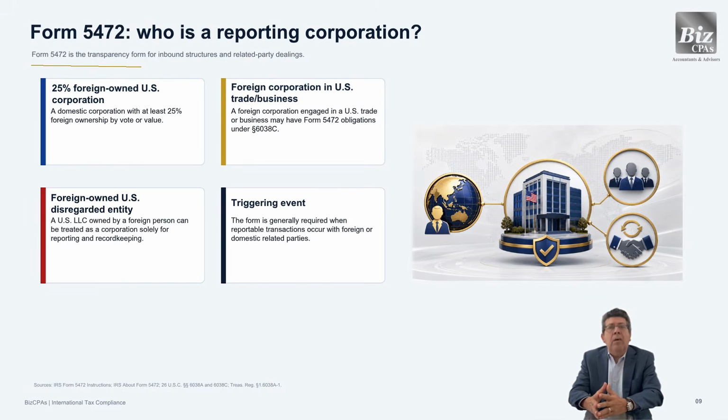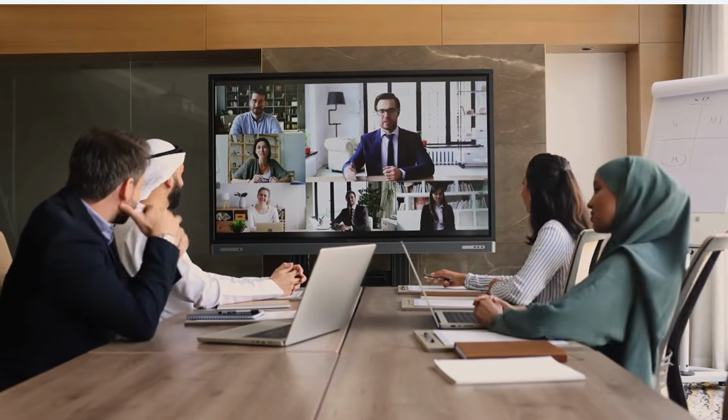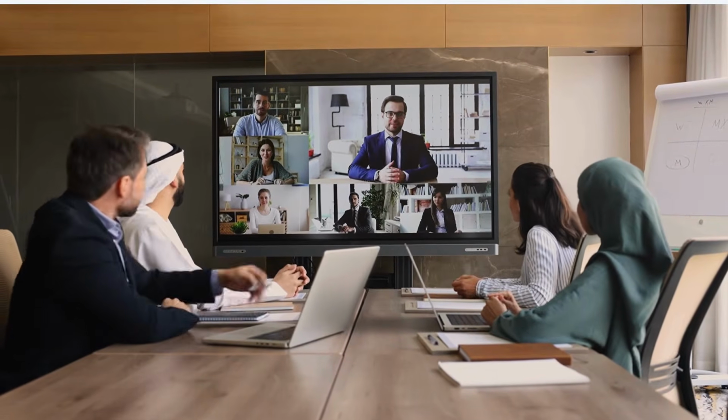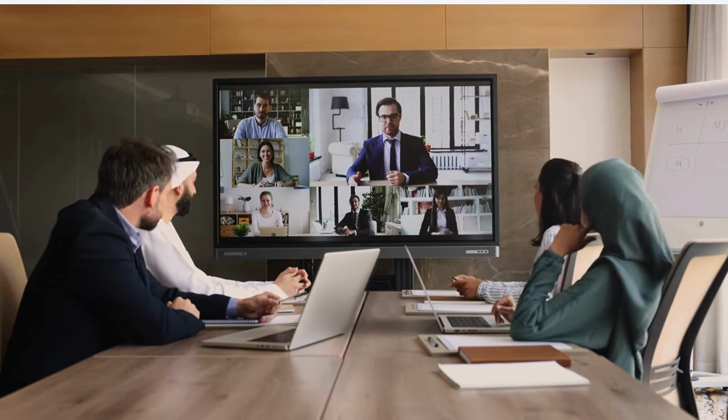Okay, so now we're going to be talking about the other type of reporting of foreign transactions, which is via the form 5472. 5472 basically applies to U.S. entities, let's say U.S. corporations to be more specific, that have foreign partners or foreign shareholders, 25% or more in the company.